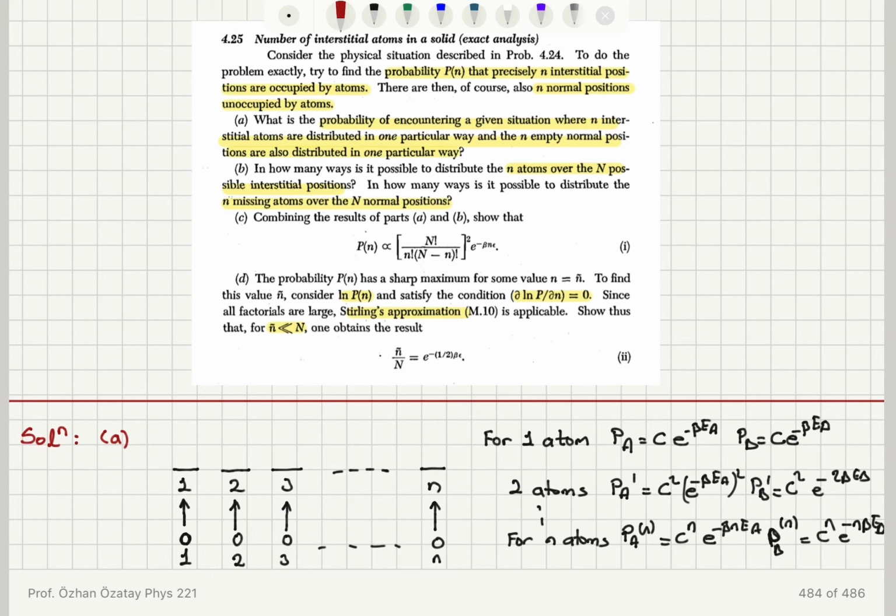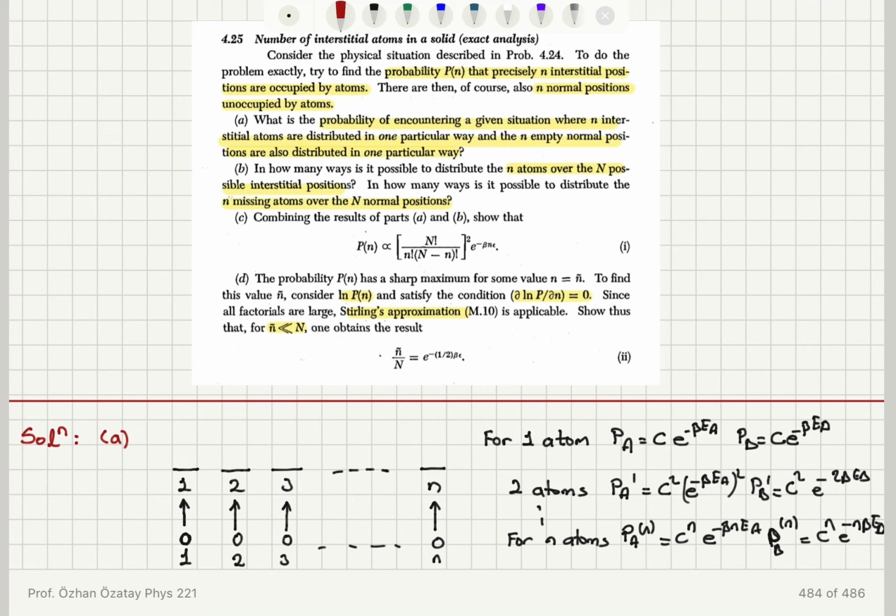Okay, so now we're doing an exact analysis for the interstitial atoms in a solid. First, we looked at the probability of having one particular configuration, one particular way of occupying n interstitial positions, leaving behind a particular way of n empty spaces. So for one atom, the probability of occupancy of one possible interstitial position is proportional to e to the minus beta EB.